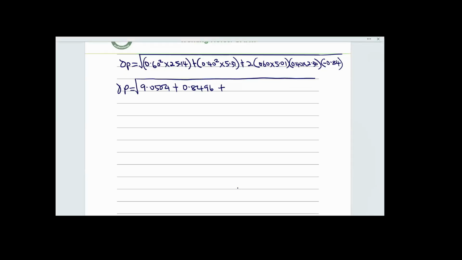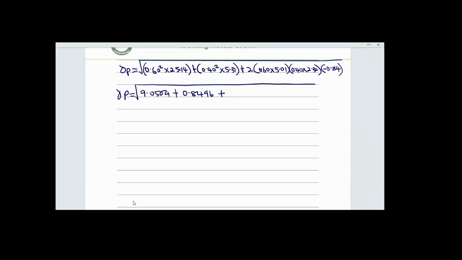You are going to multiply this side together and leave the correlation coefficient out.